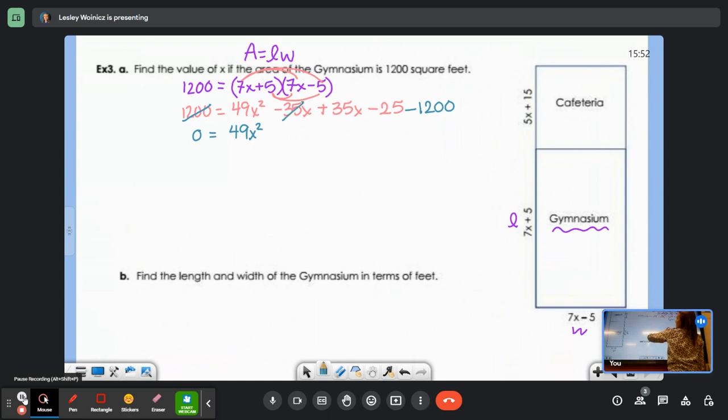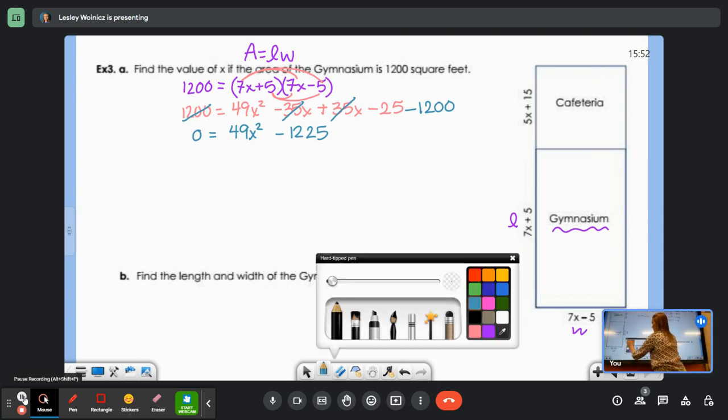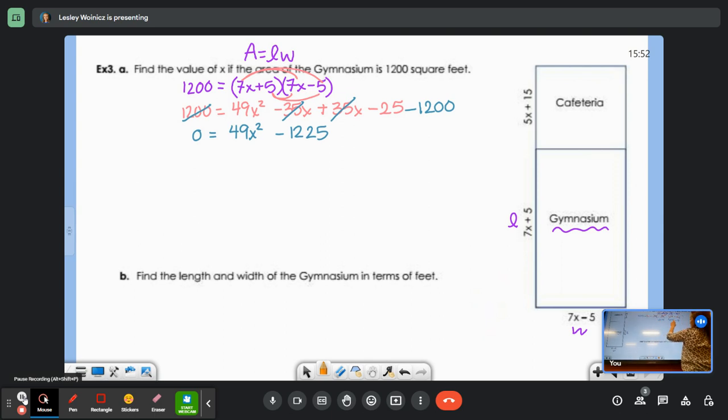My negative 35x and my positive 35x cancel. And negative 25 and negative 1,200 gives me negative 1,225. Now, I really hope that I can divide out a 49, because that would make my life so much easier. So I'm going to try dividing this side by 49 and this side by 49. 0 equals, let's see.